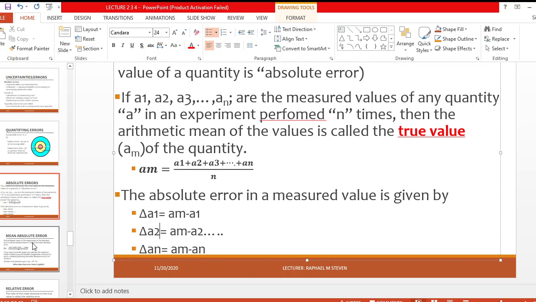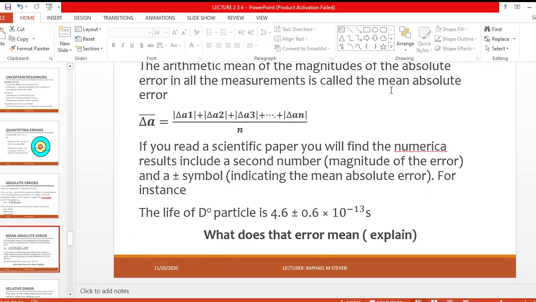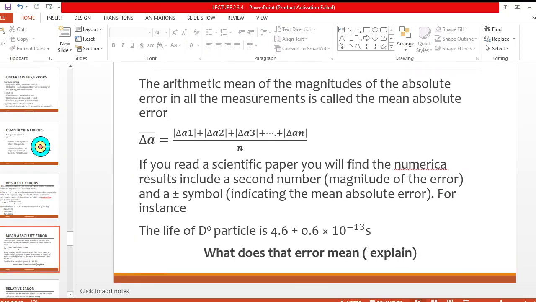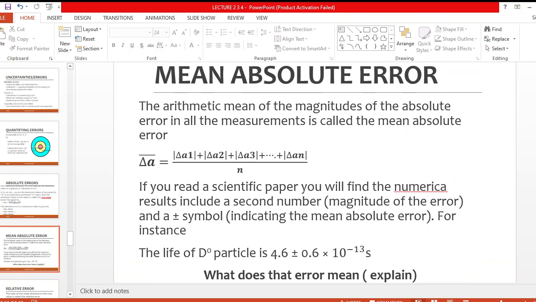Then we went on to look at the mean absolute error. We defined the mean absolute error as the arithmetic mean of the magnitudes of absolute errors in the measurements. From the last slide, all absolute errors are taken in positive form to get the mean absolute error.